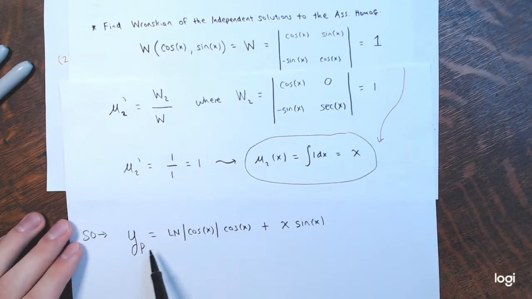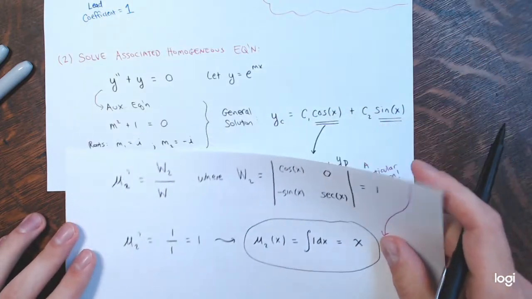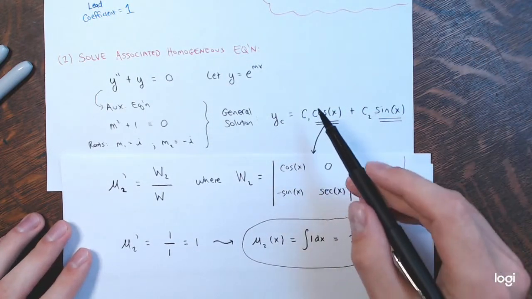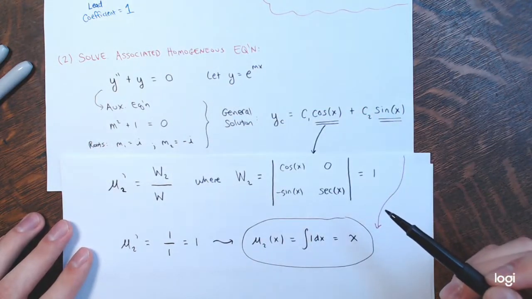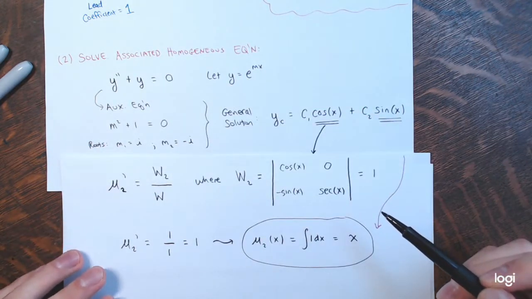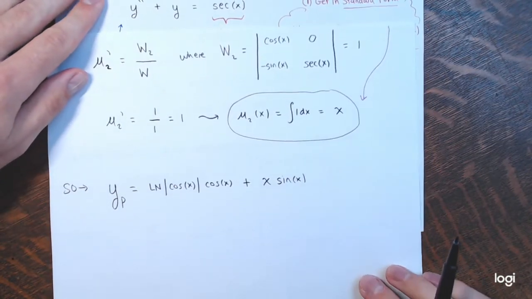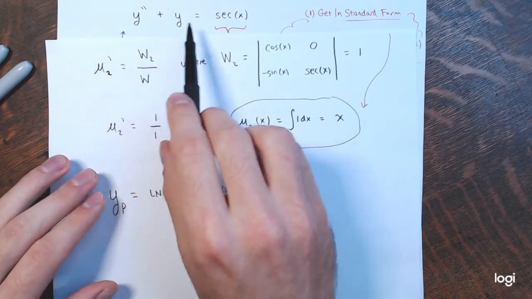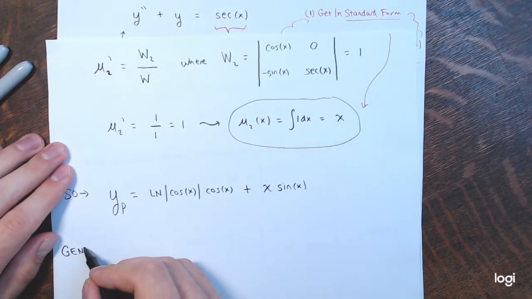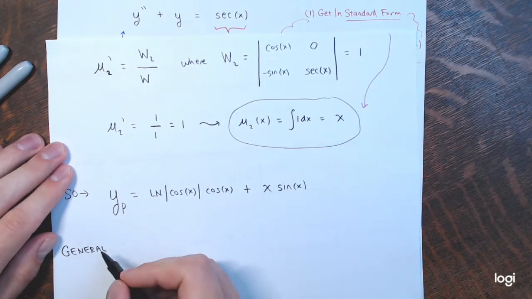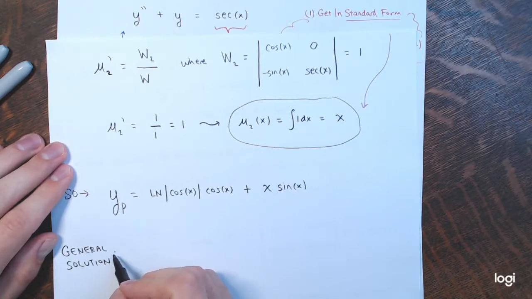And now that I have the particular solution and from earlier the complementary function, the solution of the homogeneous, we can put them together and get the general solution to the original differential equation, y double prime plus y equals secant. So the general solution to the entire original equation looks like the following.